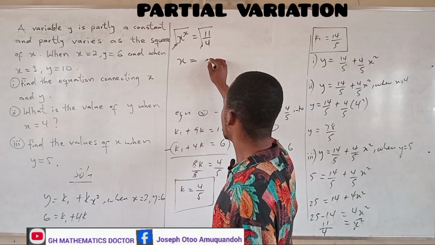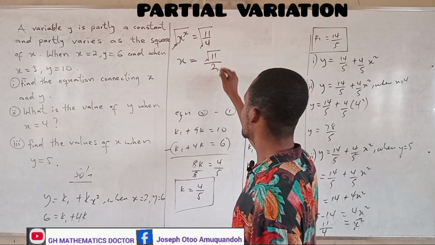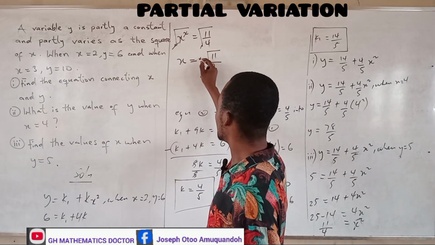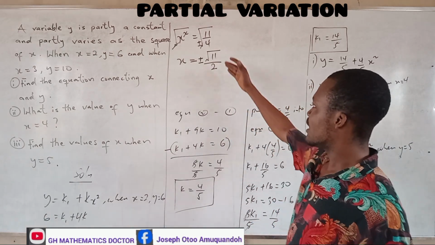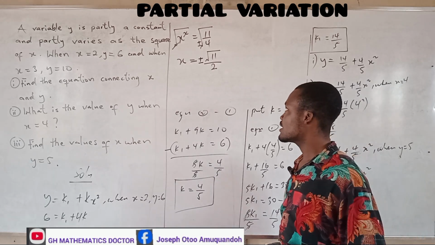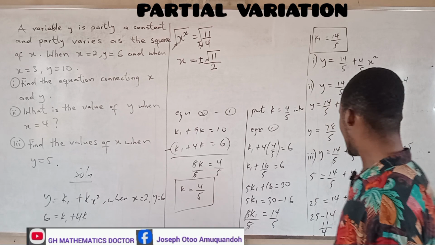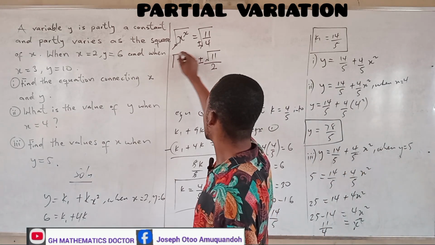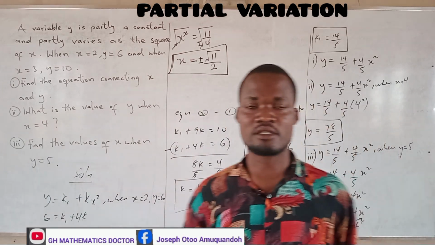So we are going to say the square root of 11 over the square root of 4, which will give you 2. And the values for x will be the plus or minus of this answer. So x is equal to square root of 11 over 2 or negative square root of 11 over 2. That is the meaning of the plus or minus. So this is the answer for y, and this is the answer for x. All right, this answers the whole question.